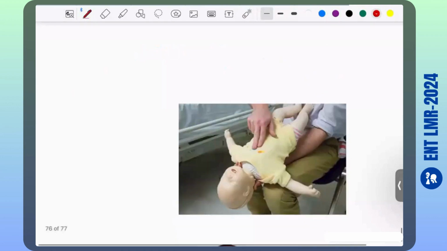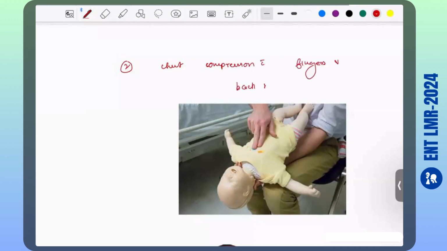Then if it has entered into the throat, the child is experiencing choking episode or cyanosis, okay, you give chest compression with fingers and back slap. The foreign body will cough out.